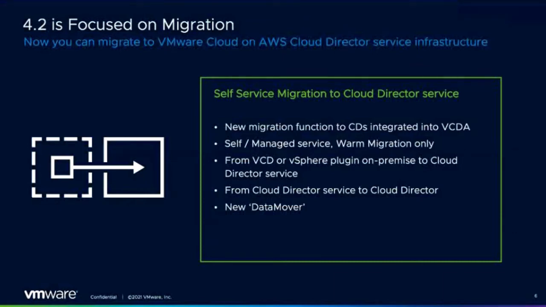It supports warm migrations only, and it can be done directly from the vSphere plugin. So the tenant experience is similar to what they might have used so far with previous versions of Cloud Director Availability. And the new thing is the new data mover or data engine that was specially developed to support Cloud Director Service. And I'll talk a little more about it.